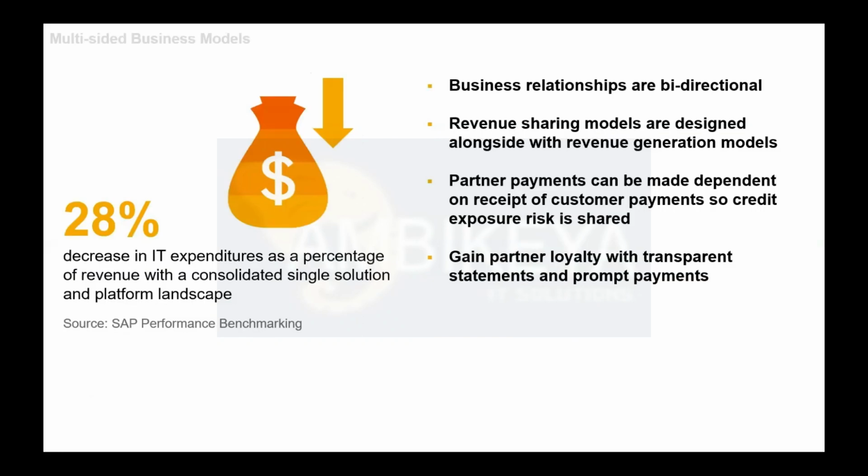Okay, so in the end, with BRIM, we have support for multi-sided business models, and the business relationships are often bidirectional. We have the possibility to handle revenue shared models, and we are able to handle partner payments depending on the customer payments, to have different risk categories here.